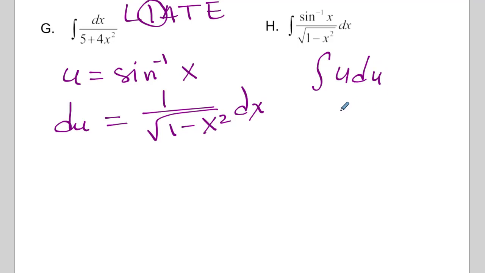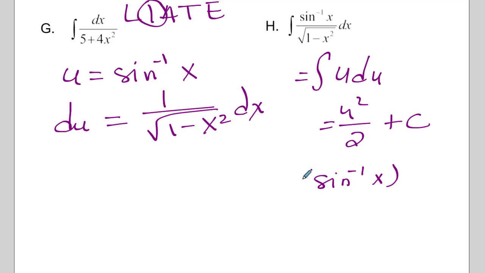And of course, we know that comes out to be u squared over 2 plus c. Or if we write that in terms of x, then it's going to be sine inverse of x squared over 2 plus c.